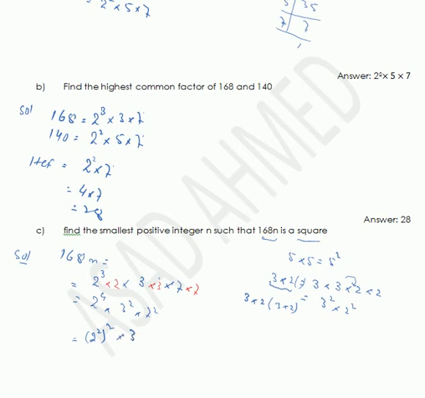And now it is 3 square, and 7 square. Now it is 4 squared, 3 squared, and 7 squared. So it can be written as 4 multiplied by 3 multiplied by 7, all squared.